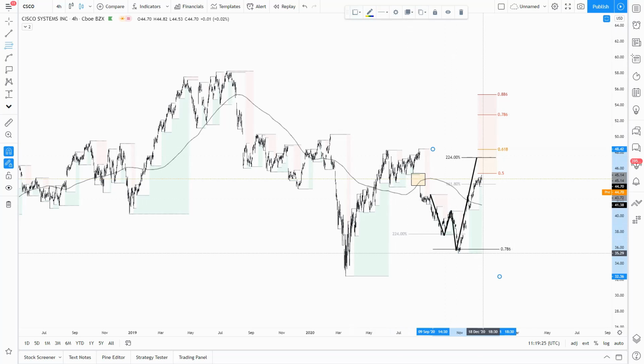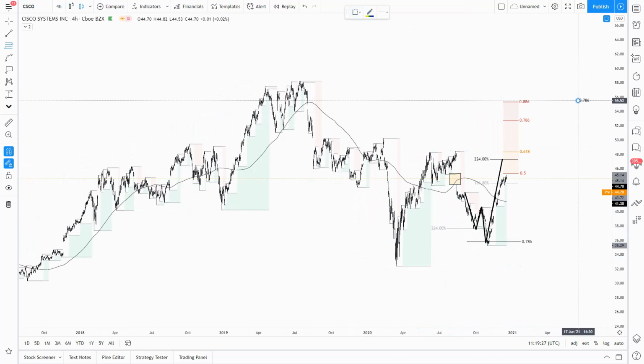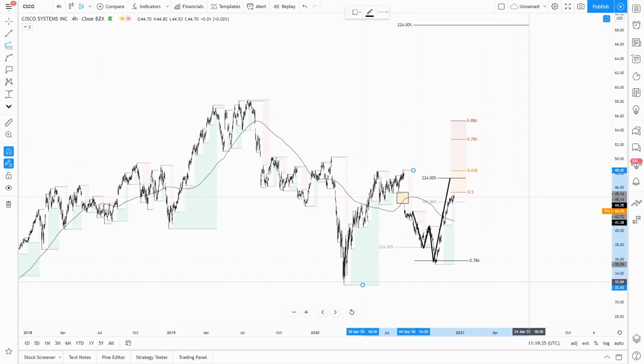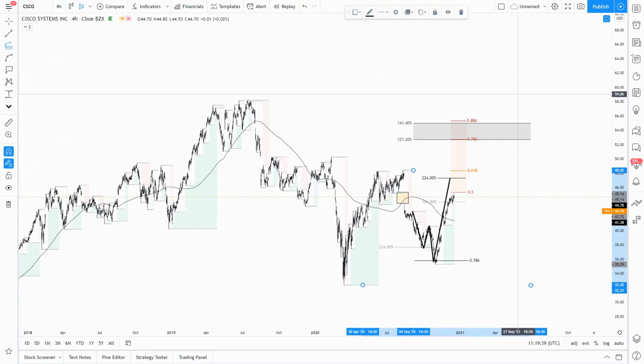Golden Fib 78.6, the same methodology I will apply here. The market can find some pressure above. I will search for the 127 for now as a potential pressure level for Cisco.